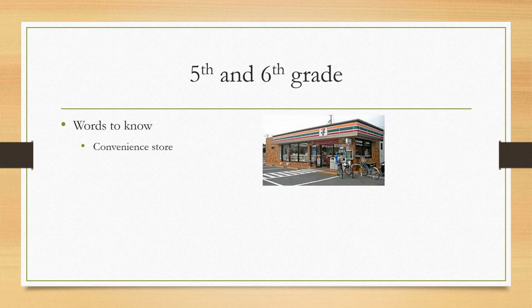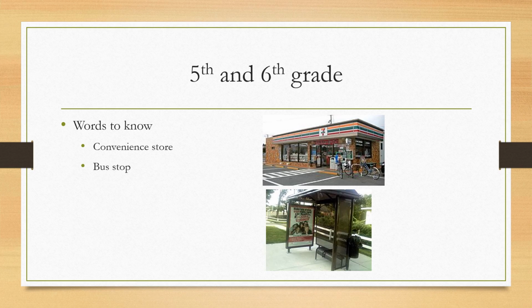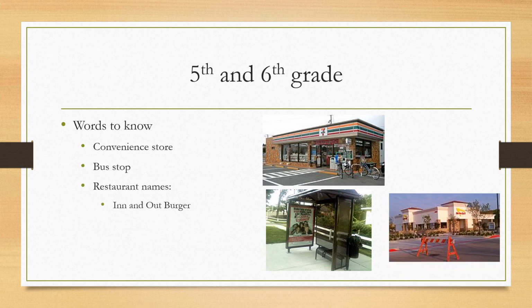Convenience store. You might know them as 7-Elevens or CUs, but that's known as a convenience store. Bus stop. You've probably seen plenty of these. Restaurant names, In-N-Out Burger. So if you're asking where to find a restaurant, you're not going to ask, where is the restaurant, because that's not very specific. It's kind of vague.